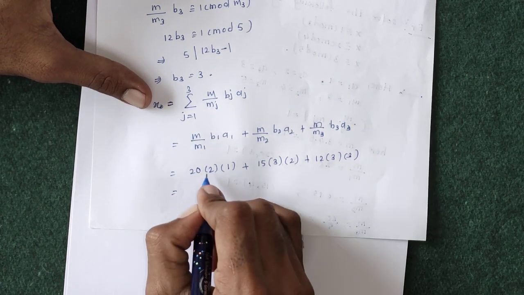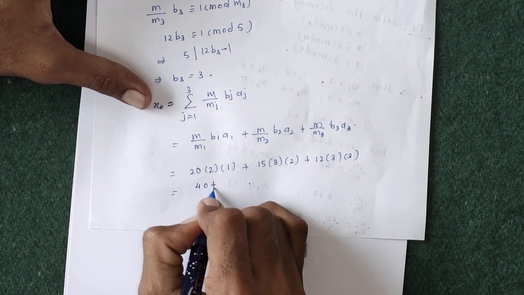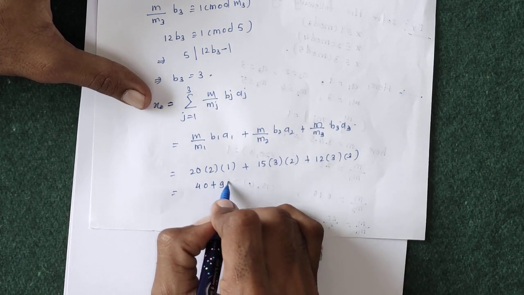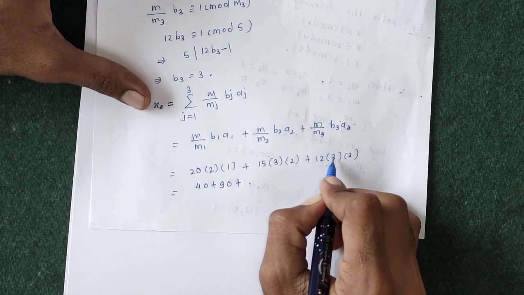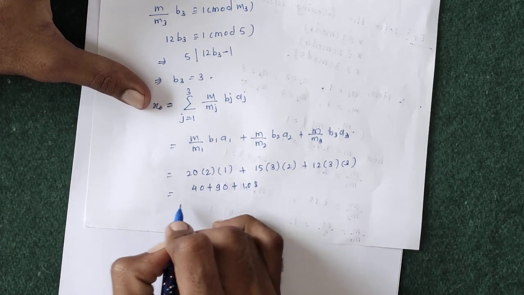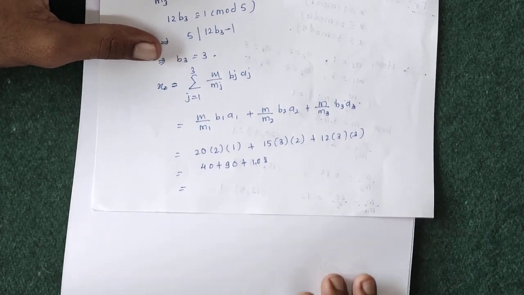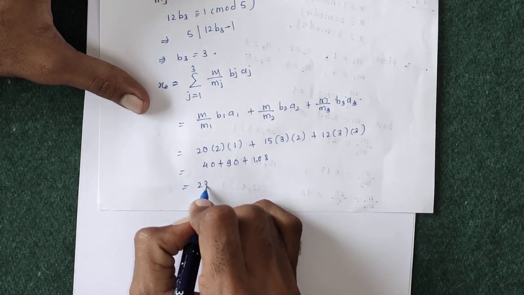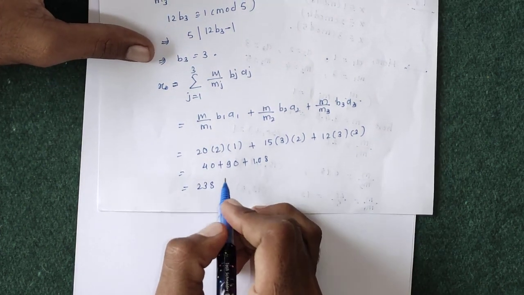So 20 2s are 40, plus 15 3s are 45, 2s are 90, plus 12 3s are 36, 3s are 108. Adding these numbers we get 90, 40, 130, 238.